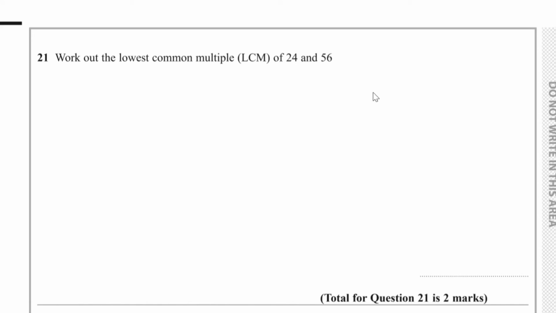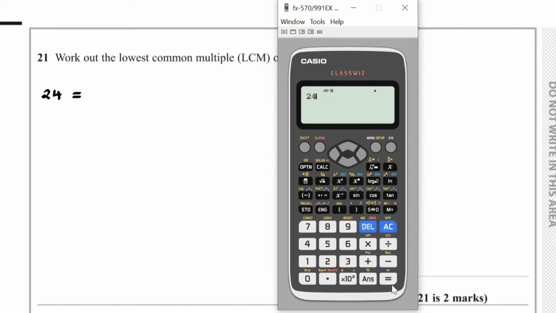Question number 21. We have to work out the lowest common multiple of 24 and 56. Well, the 24, if I write that as the product of its prime factors, well, I type in 24 and then if I press Shift and then this button, that finds the factors.